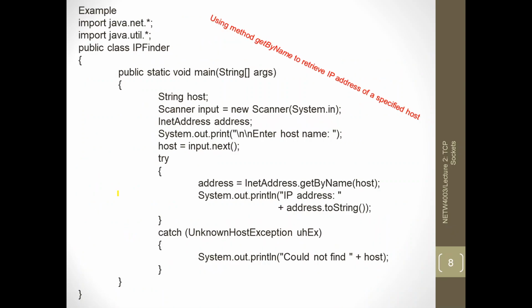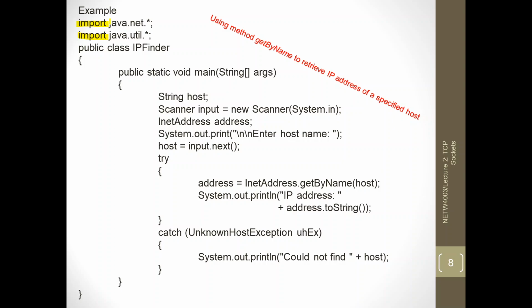Here you can find full Java code that uses the getByName method to retrieve the IP address of a specified host. The import statement can be used to import an entire package or sometimes certain classes and interfaces inside the package. The import statement is written before the class definition.